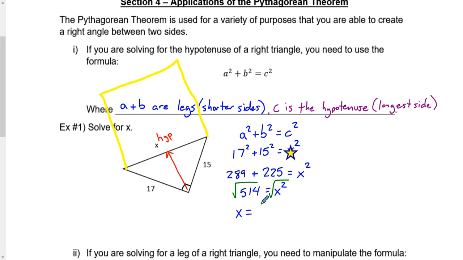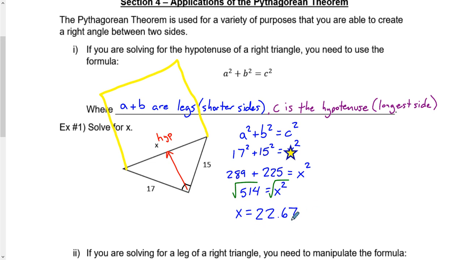And if we take the square root of that, we get 22.67156809750927. Now let's just practice our rounding. It's actually more decimal places than most of your calculators will have, just because of the calculator that I'm using right now.